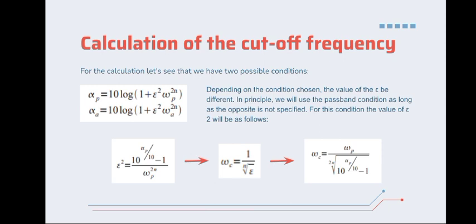In principle, we will use the passband condition as long as the opposite is not specified. For this condition, the value of epsilon squared will be as below, and with this we can replace in the equation of the cutoff frequency, and it will look like this.